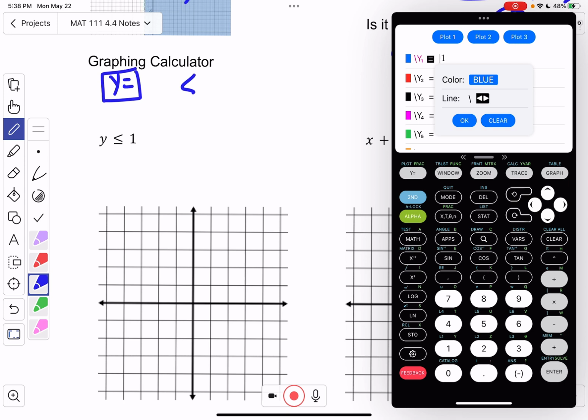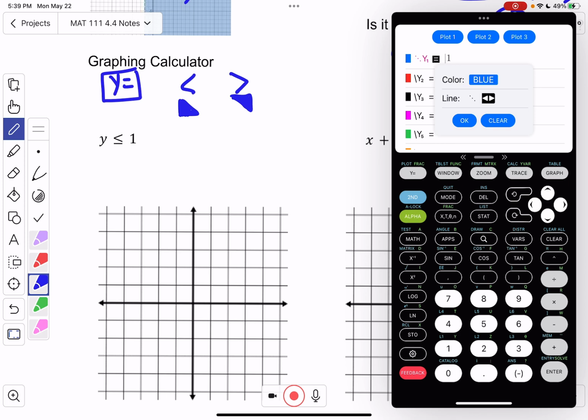Then I'm going to change the line. If it's less than, I want to choose the one where under the line is shaded. And if it's greater than, I want to choose the line where the over side is shaded. So this would be less than, this would be greater than. Some calculators will also give you a second choice of having a dotted or dashed line.